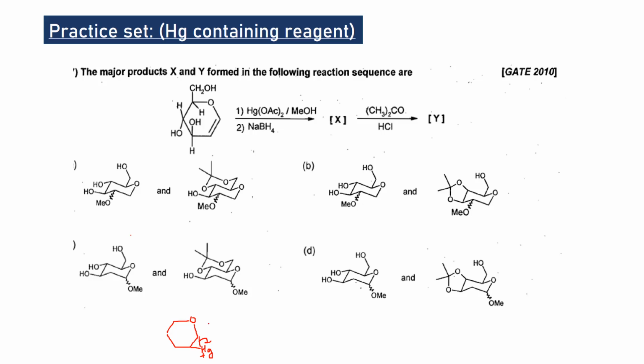Because of that, this methanol will attack at this place, forming an OMe bond here, and NaBH4 is added which will replace this mercury bond with the hydrogen bond.